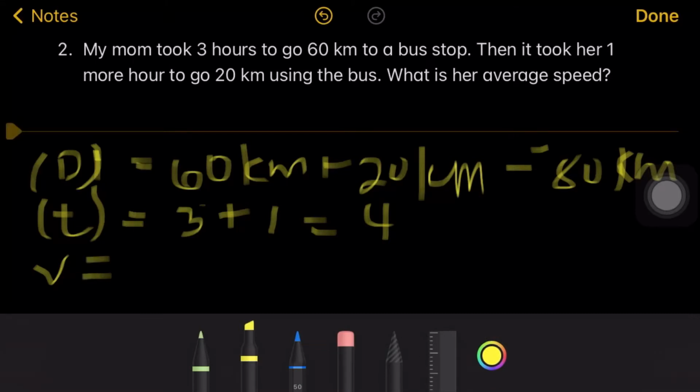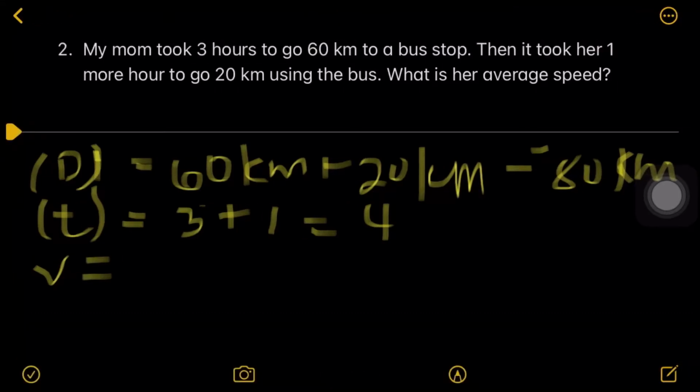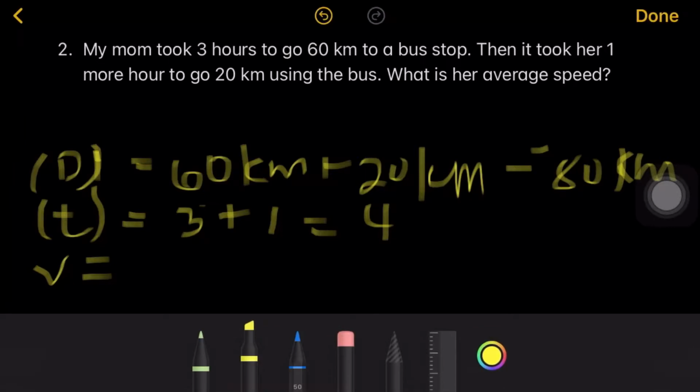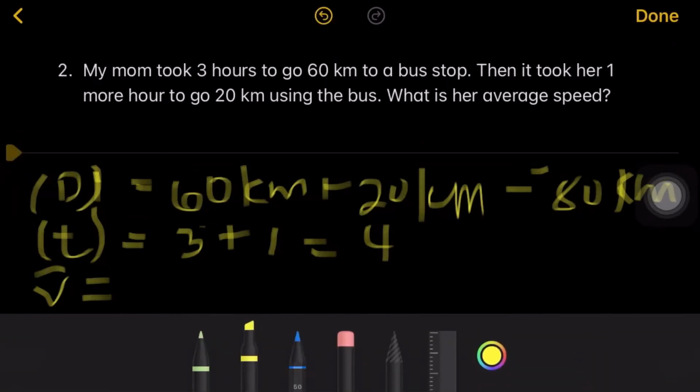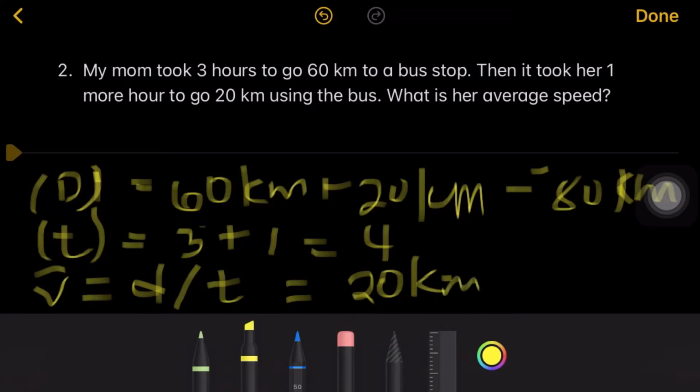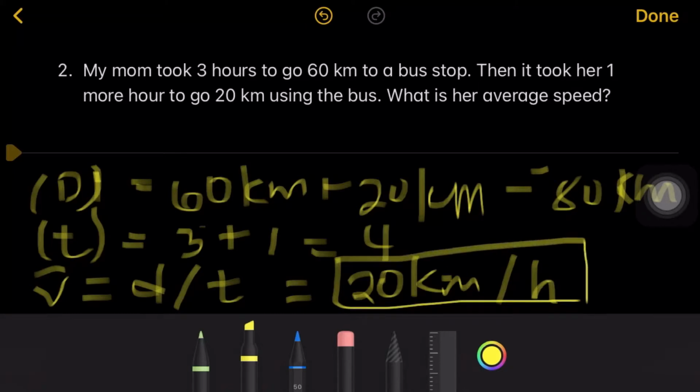And then to get the average speed, we need to divide the total distance by the total time. So 80 km divided by 4 hours. The answer would be 20 km per hour.